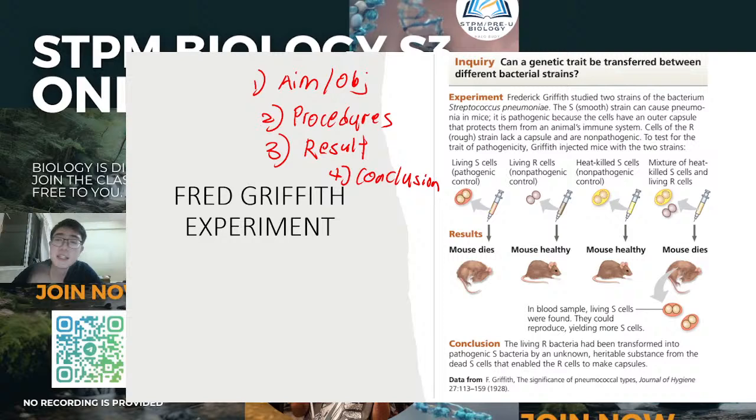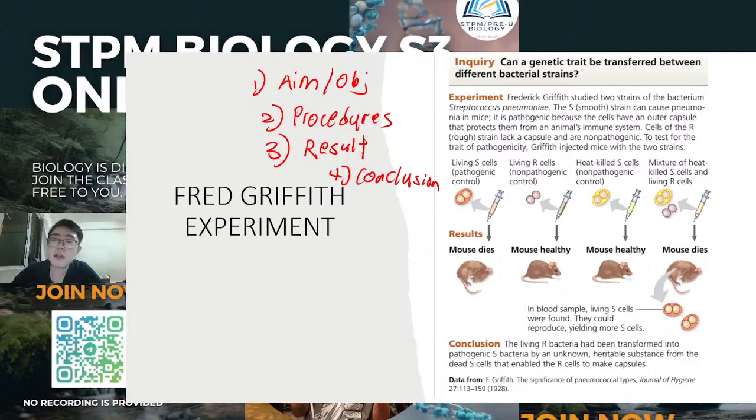This experiment was conducted mainly to test a disease, caused by a bacterium called Streptococcus pneumoniae. This bacterium is either pathogenic or non-pathogenic.